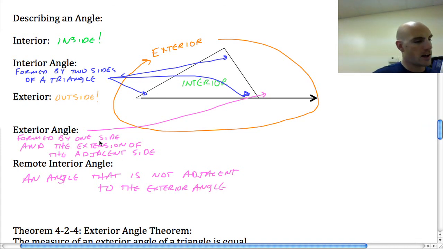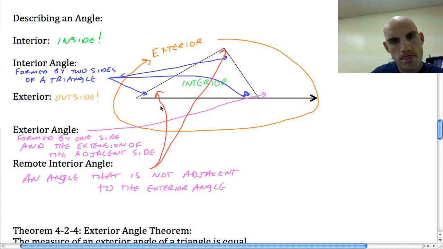And what this looks like is the remote interior angles, there's two of them, and they're going to be these right here. A lot of arrows going on here, guys. But the interior angles are all of them go inside. The exterior angle is on the outside. And the remote interior angles are the other two that are not next to it.